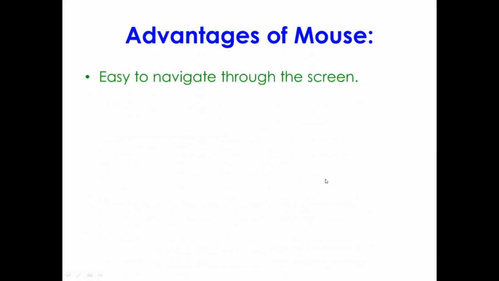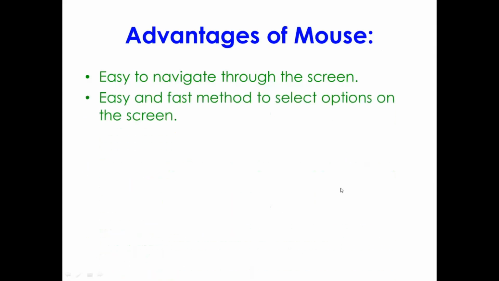If you do not use a mouse, then you probably have a touch screen or other input devices, but the mouse is good in the sense that it is a fast input device. Easy to navigate. Navigate means to move around the screen. If you want to move to the left side, to the right, bottom left or bottom right, you can easily move.